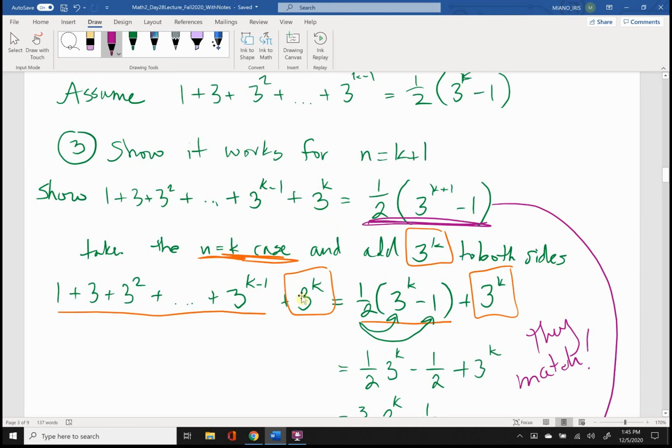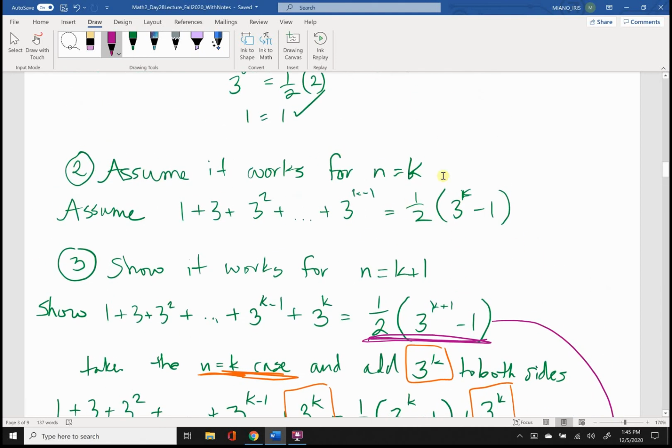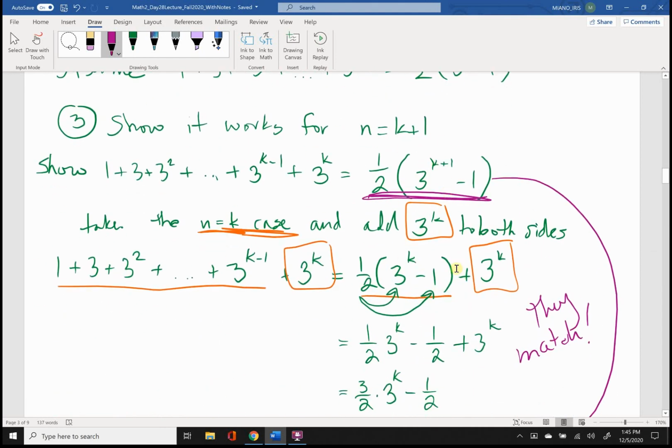So take that case, add, for this particular problem, 3 to the k on both sides, and then make the right-hand side look exactly like the right-hand side for this right here. Then make this right-hand side, where I'm hovering with my cursor, look exactly like the right-hand side for the explicitly written k plus first case.